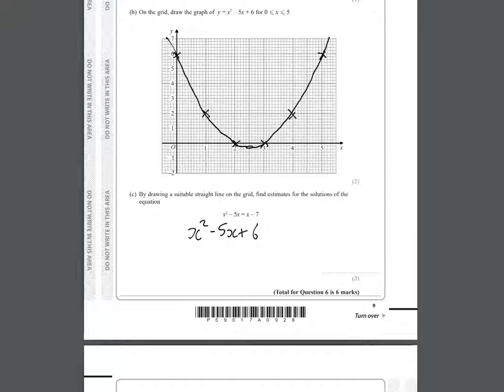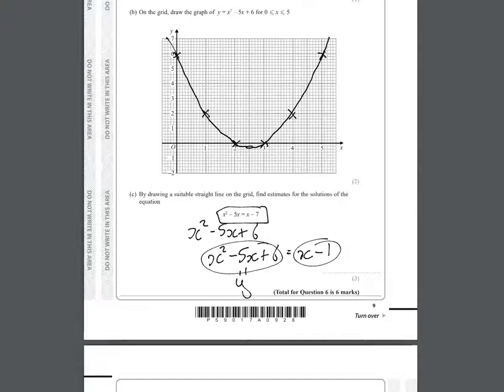So we've got to add 6 to both sides of this. So we get x squared minus 5x plus 6 equals x, add 6 to that, minus 1. So finding where this and this are equal.